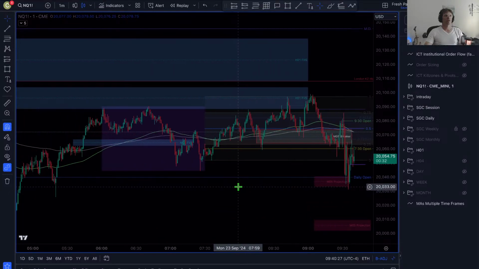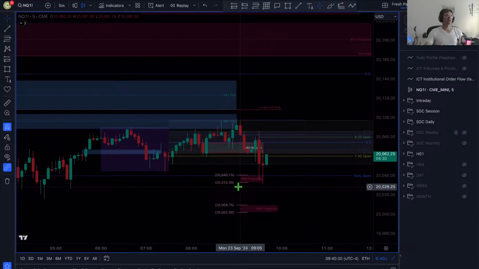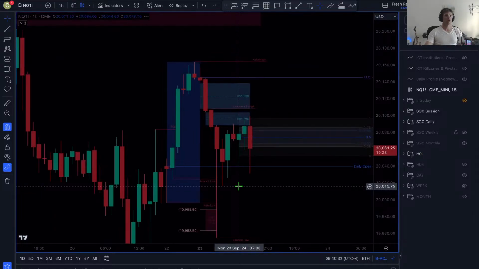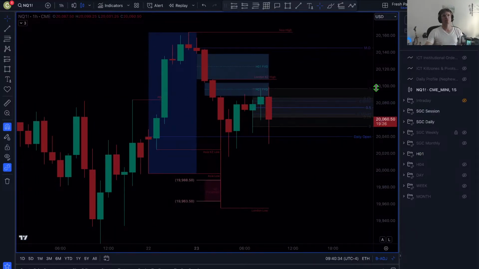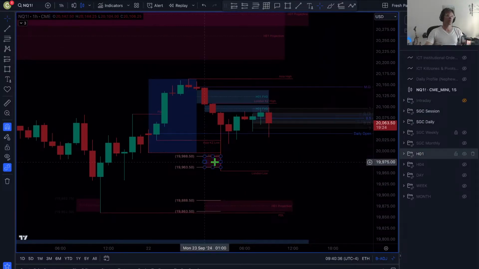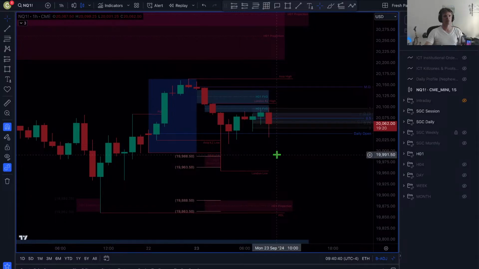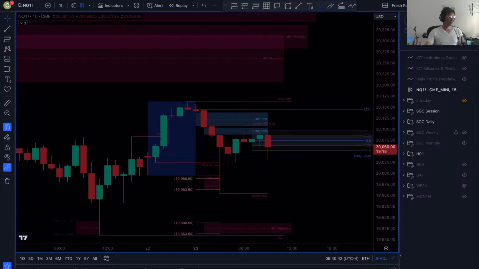So another thing to notice is that we are coming off this fair value gap. Let's see. We hit our projection. We went through the projection, but we didn't close. Oh, this to me last week too. That's going to be an issue maybe.